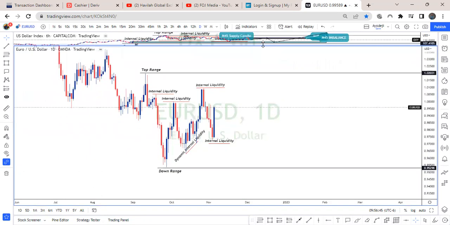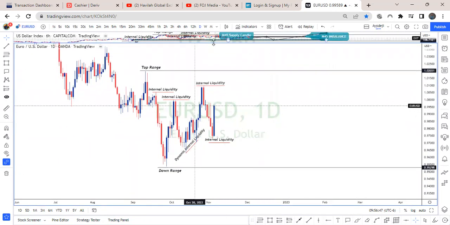Keep that in mind. So if we are looking that DXY will sell, then it makes sense for Euro USD to buy. And that buy will be to take out all these dollars lying fallow here.